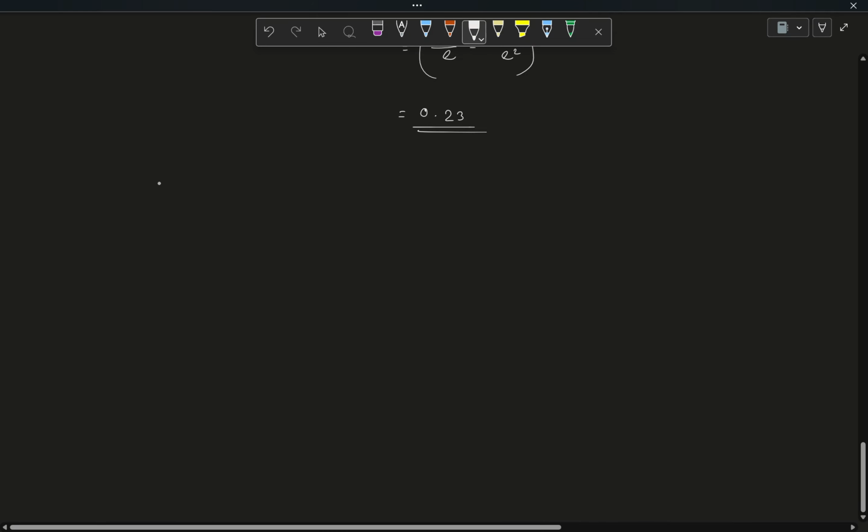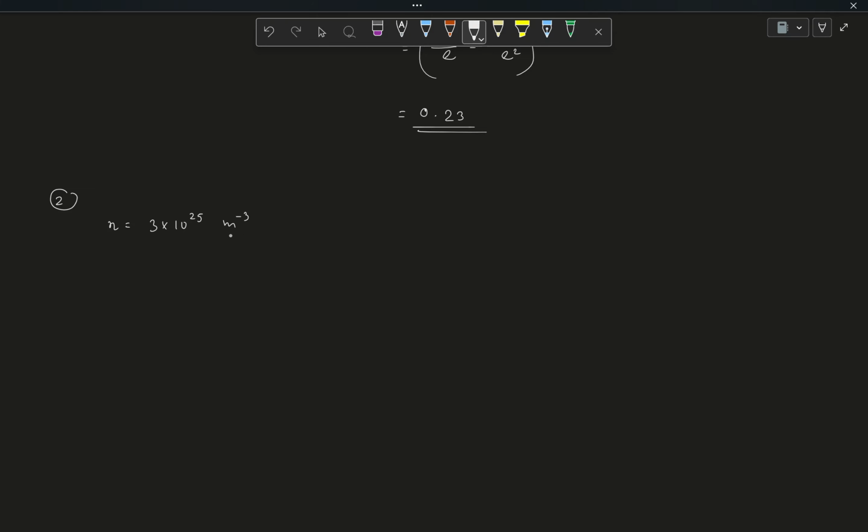Okay, so first of all, in question number 2, the number density, or number of molecules per unit volume, is given as 3 into 10 to the power of 25 per meter cube. That means per meter cube volume contains this many molecules. Then the diameter of each molecule, remember, this is diameter and not radius.